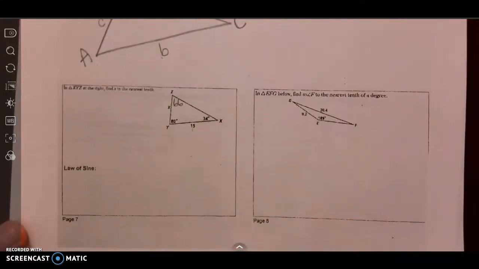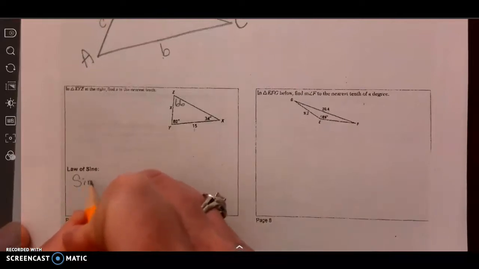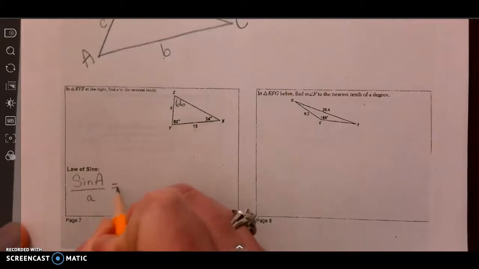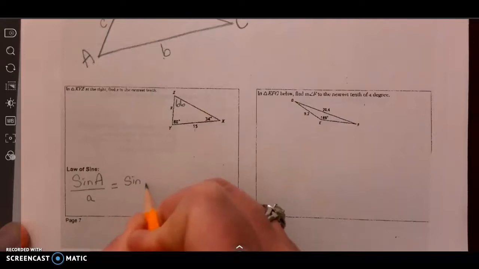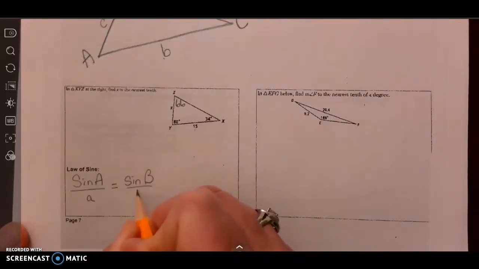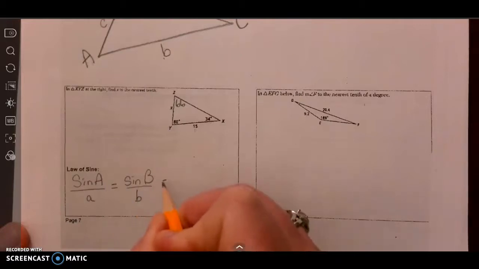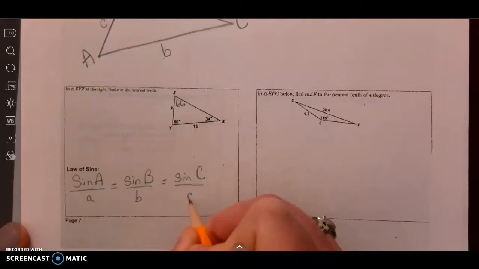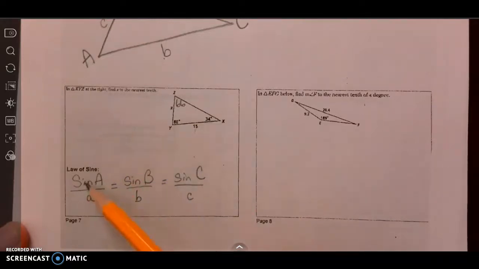The law of sines says that the sine of angle A divided by side A is equal to the sine of angle B divided by side B, and it's also then equal to the sine of C divided by side C. The sine of the angle and the side across from it are proportionate to one another. So when we know all 3 angles and 1 side, we can use law of sines.